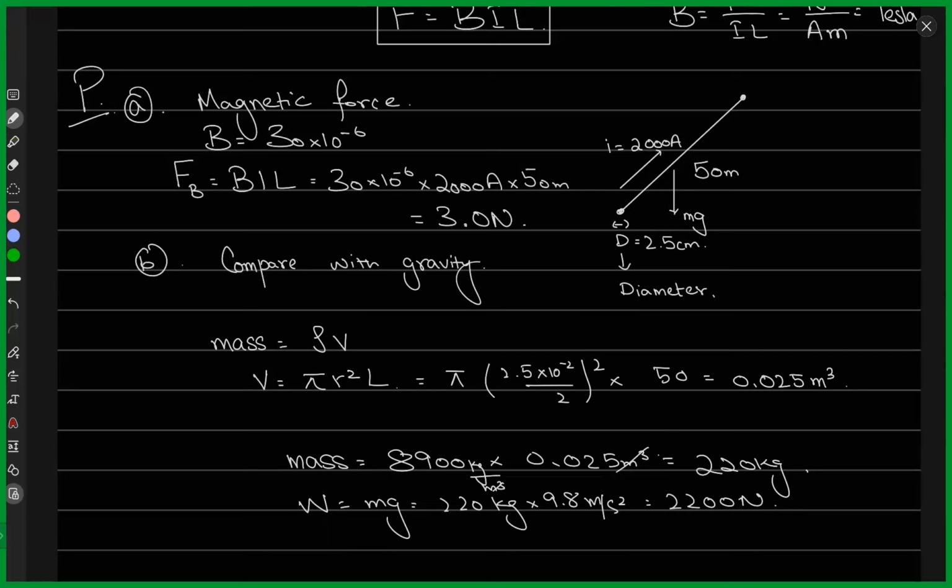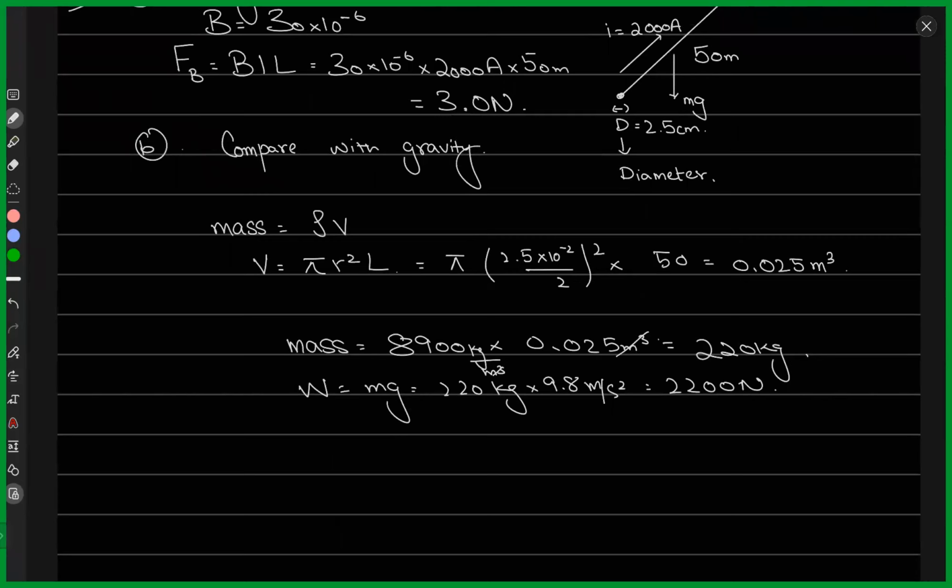Clearly, if you want to see the difference in orders of magnitude between the force of gravity and the magnetic force, you can take the ratio of these two and see how much stronger the magnetic force is compared to the force of gravity.